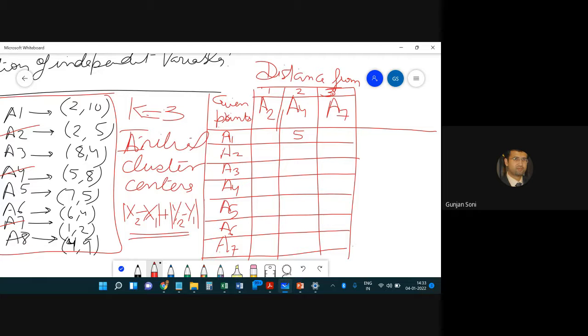So this is 2 comma 10, right? Actually, this is A1, 2 comma 10. So this one is not A2, but A1 has been taken. So we write it as A1 over here. The distance between A1 and A1 is 0. This is 5. And the distance between A1 and A7 is 9.